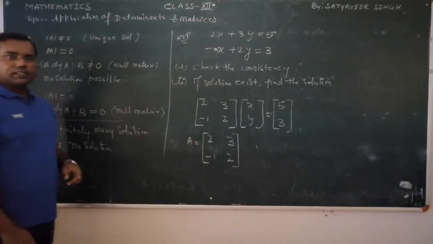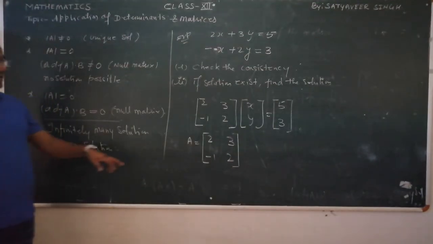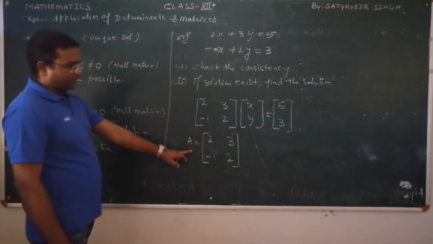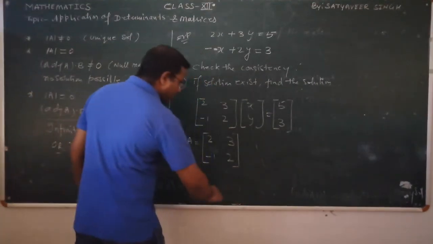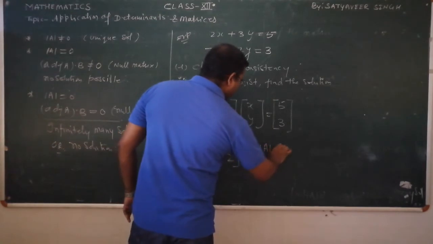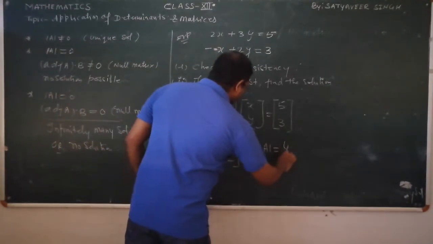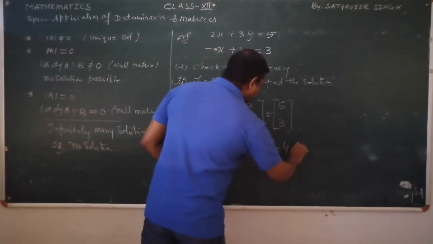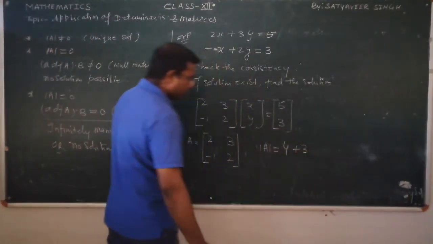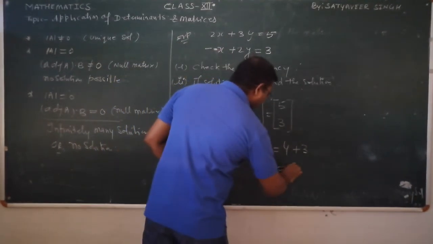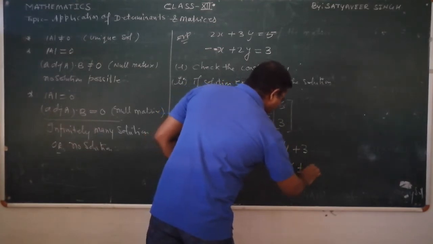For checking the consistency of this, you will have to find the determinant of this matrix. So quickly find the determinant: it is 2 times 2 is 4, plus 3, it is 7, not equal to 0.